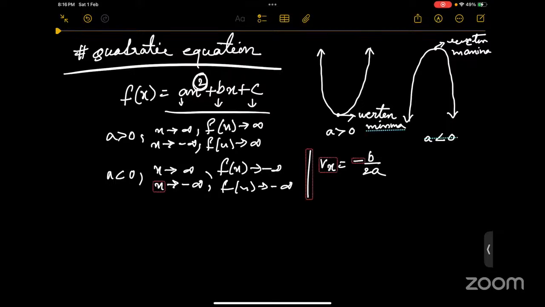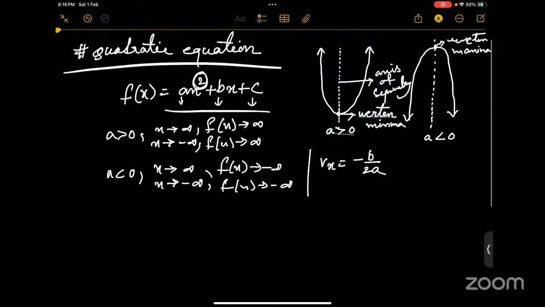And this line which passes through the vertex is called the axis of symmetry, right? These two lines are called the axis of symmetry.